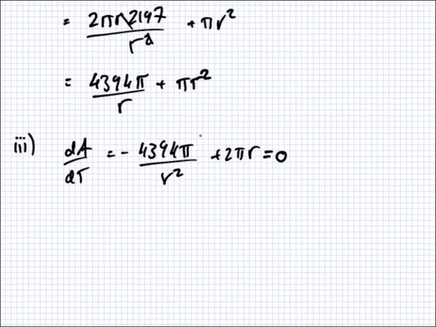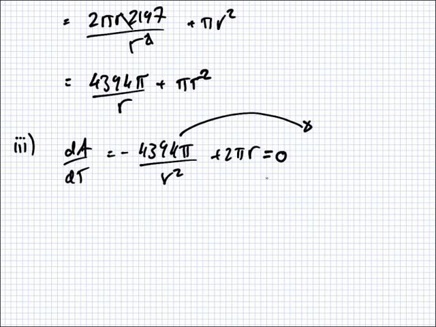Okay? Bring this over to the right. 2 pi r equals 4394 pi over r squared. Bring the r up, makes it r cubed. Cancel the pi's and divide by 2.